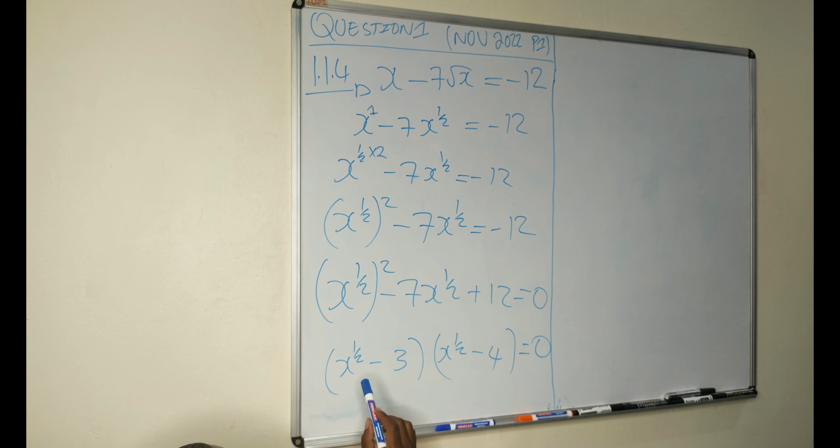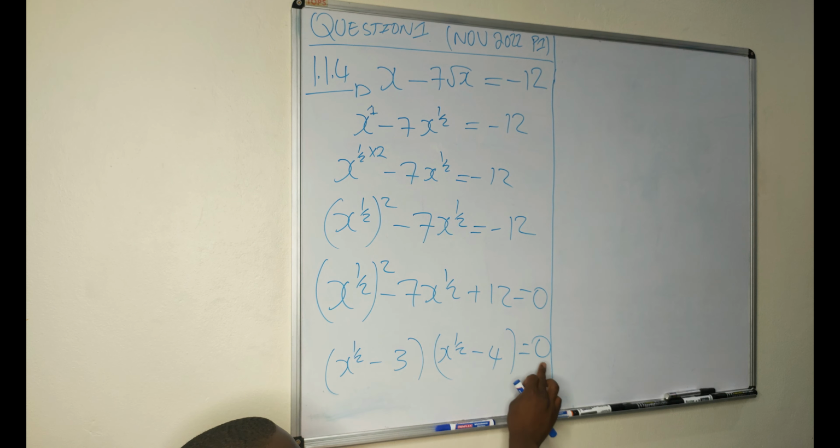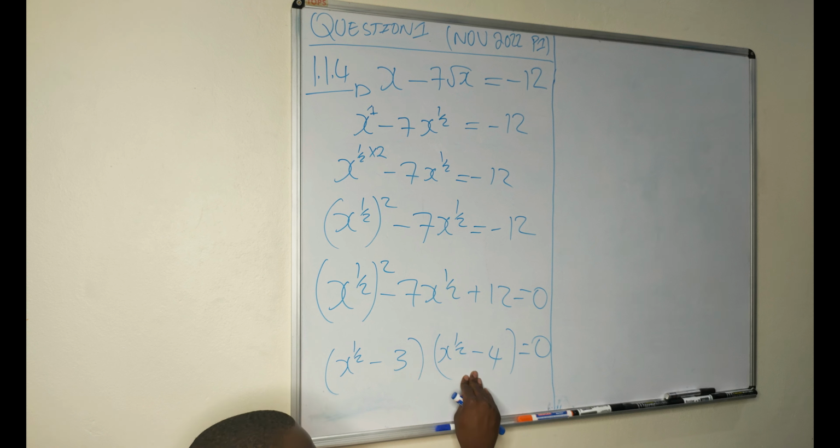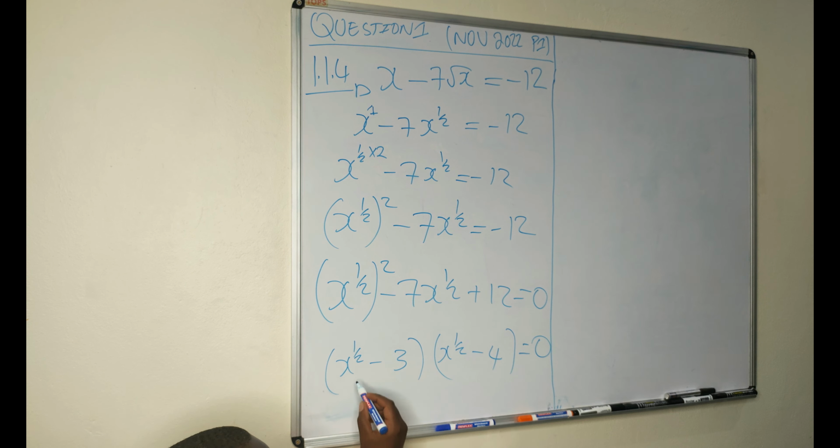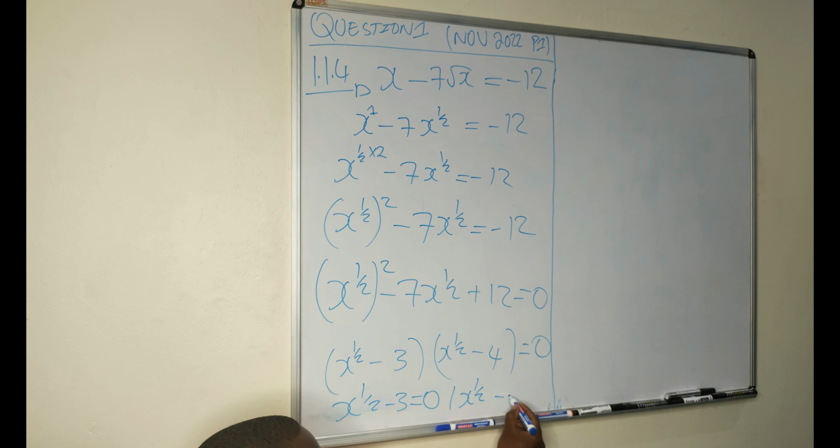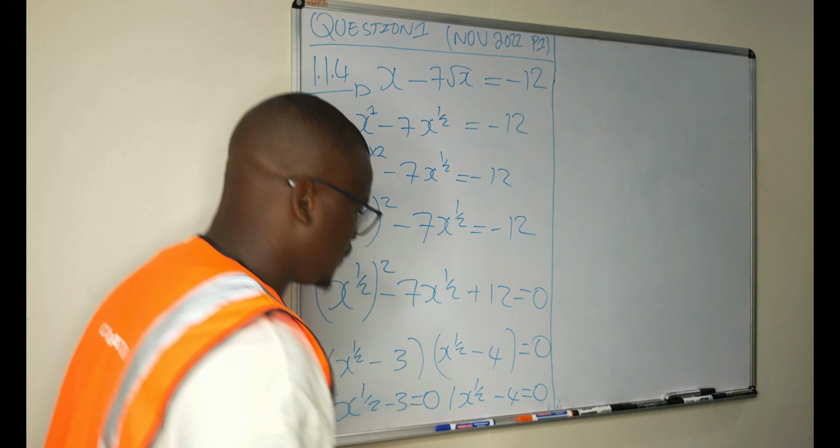If the product of this bracket and that bracket is 0, then this bracket is 0 or that bracket is 0. So x raised 1/2 minus 3 should be 0, or x raised 1/2 minus 4 should be equal to 0.